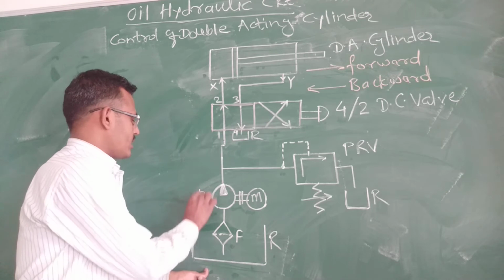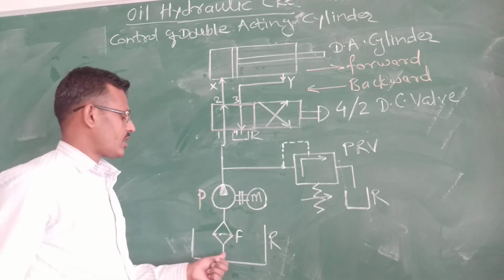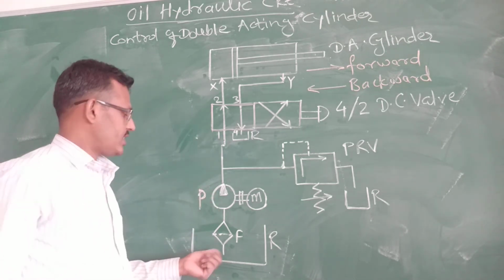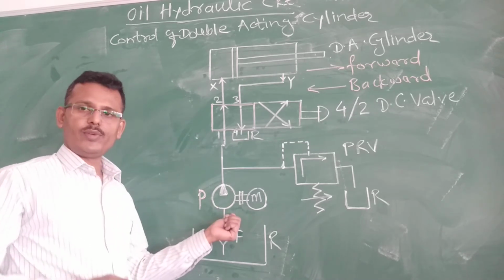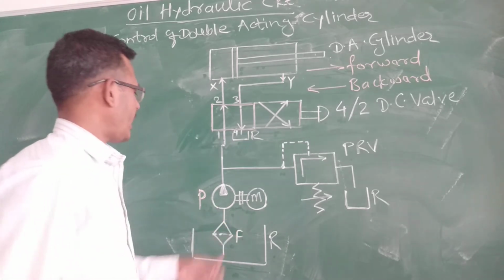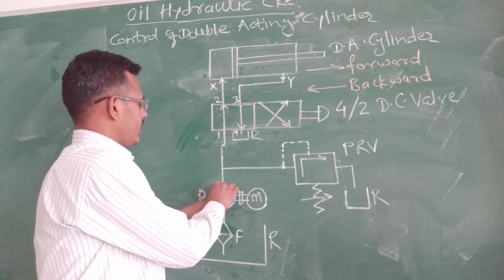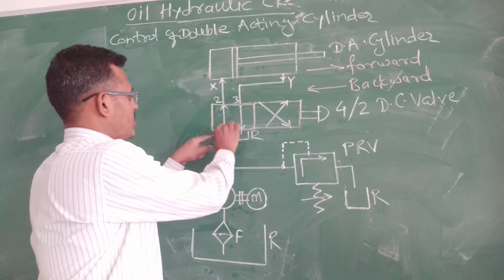When the pump starts, it starts to suck the oil from the reservoir. After sucking the oil, it increases the pressure of the oil, and that pressurized oil gets supplied through this direction control valve.